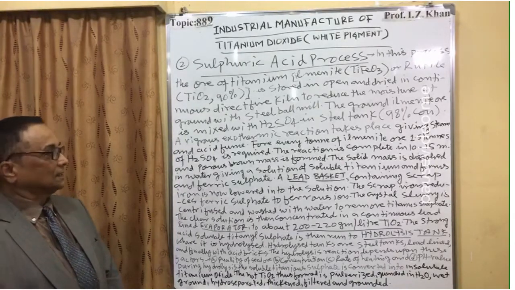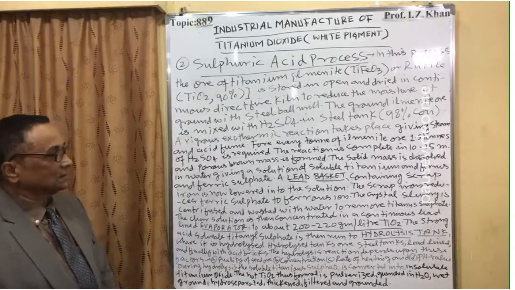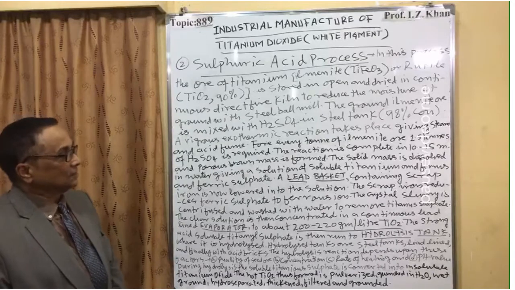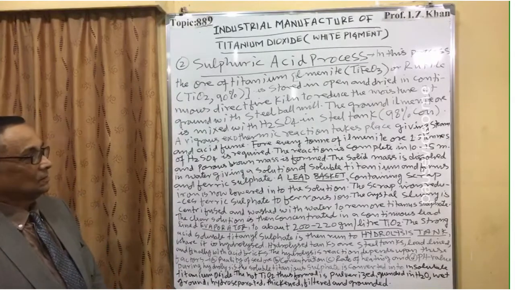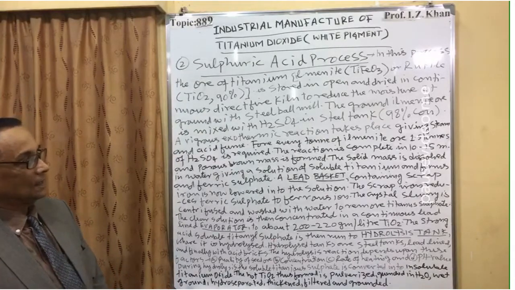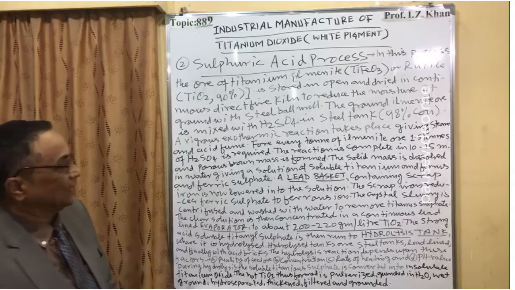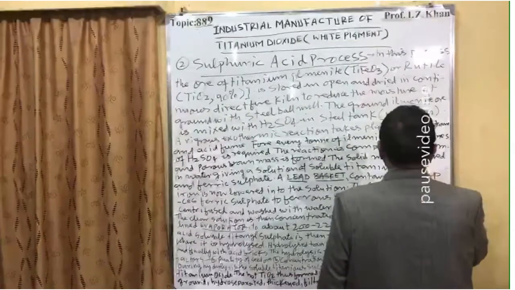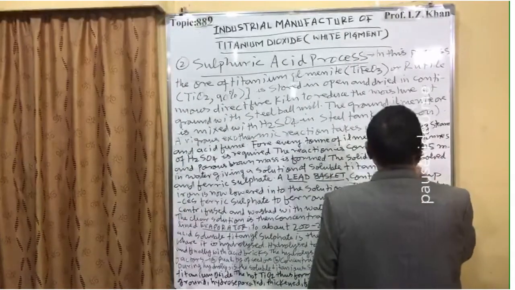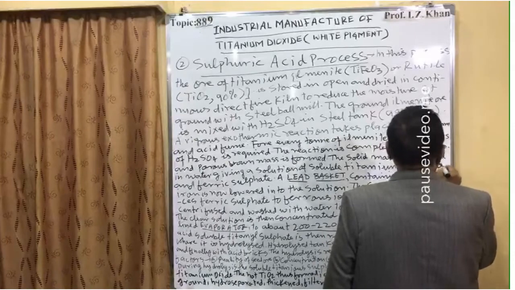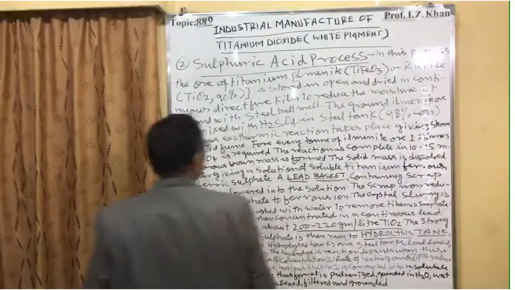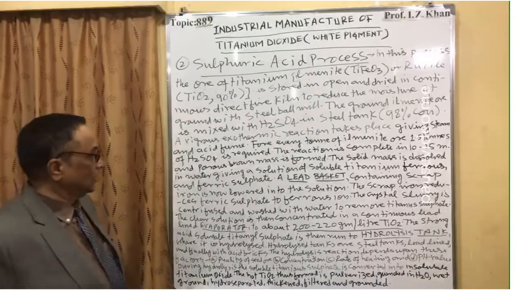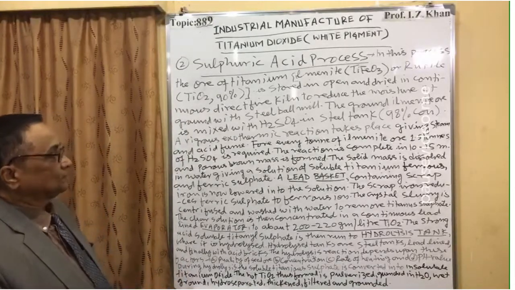This solid porous brown mass is dissolved in water, giving a solution of soluble titanium, ferrous and ferric sulfate. These sulfates are formed and they are soluble in water.